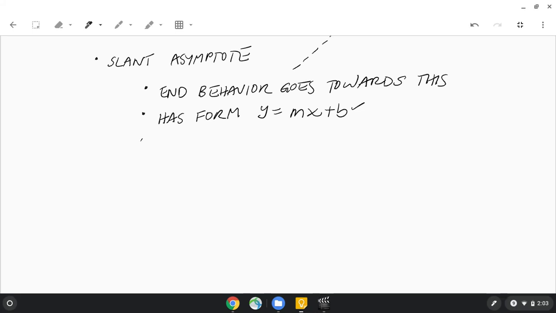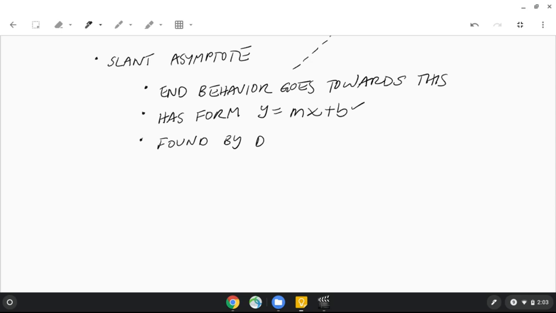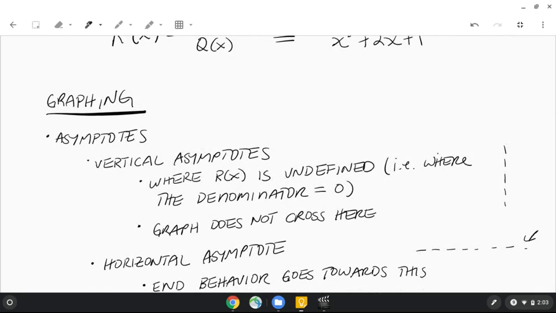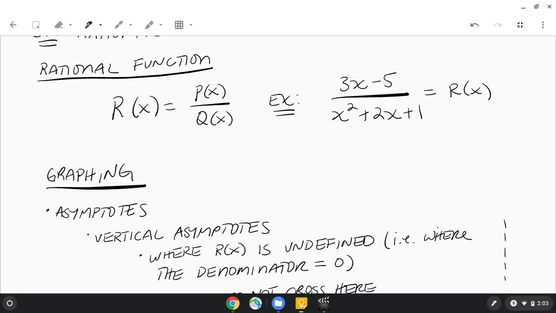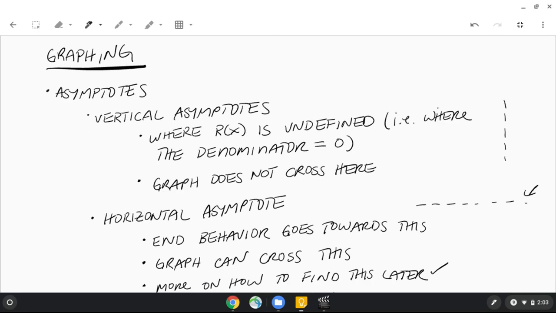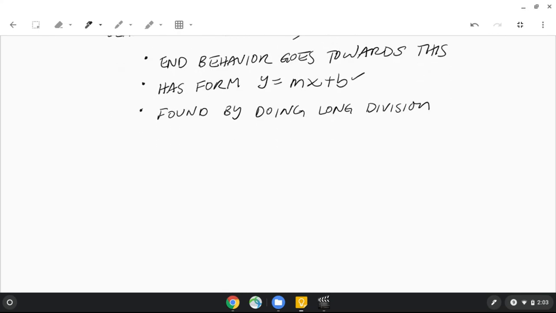The slant asymptote is found by doing long division, because remember, we're dealing with this rational function right here. So you're going to be doing that division, p of x divided by q of x.